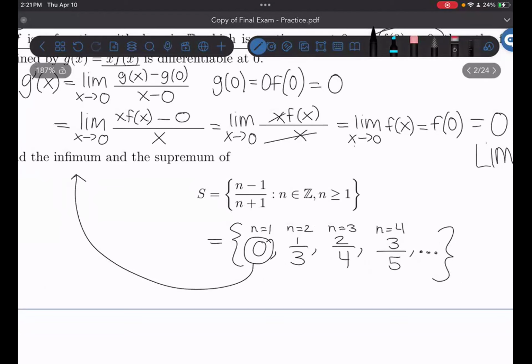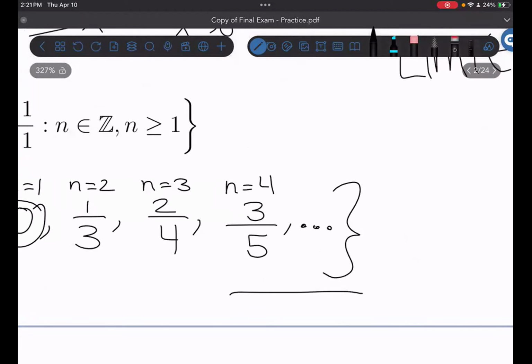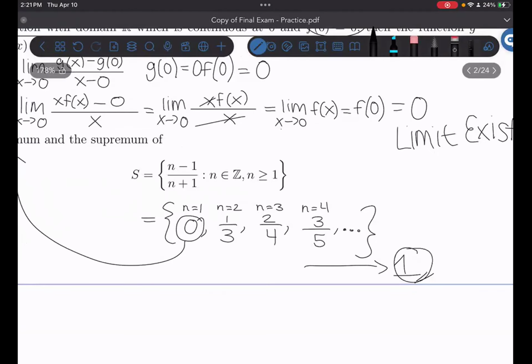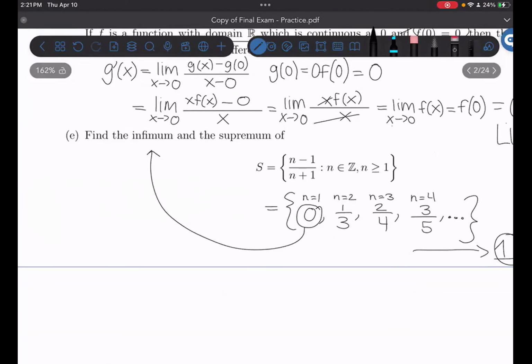For supremum, notice how, as n grows very large, we approach 1. Oh, that error was bad. We approach 1. So we could bound this set by 1, and our supremum would be 1. So therefore, your infimum of S would be 0, and your supremum of S would be 1.